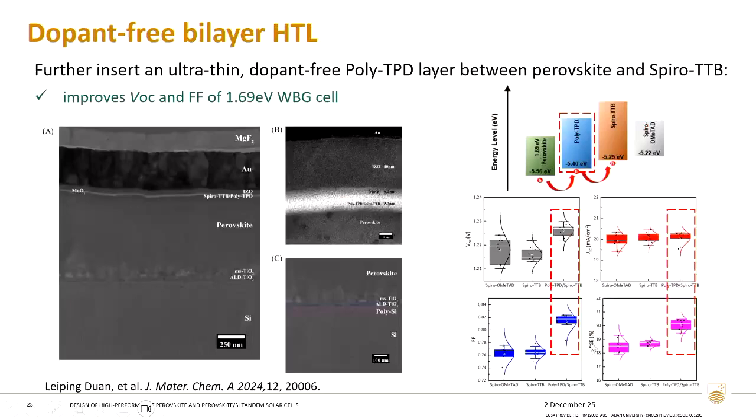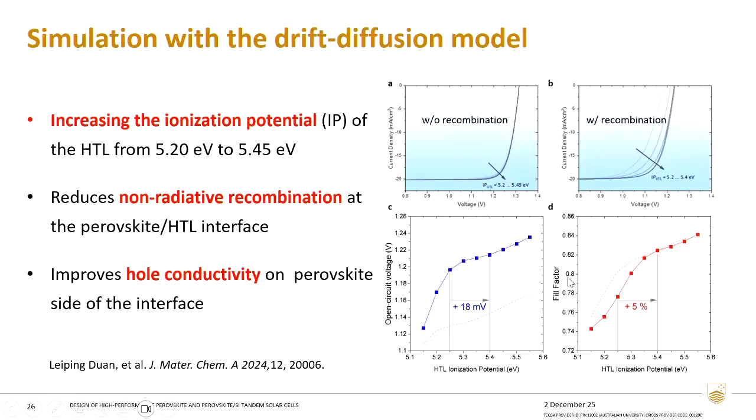By integrating into the solar cell, together with a bilayer where we inserted a poly-TPD, where we built a cascade energy level, we were able to further improve the performance. This cascade energy level was important because it reduces the interfacial recombination and improves the hole conductivity.